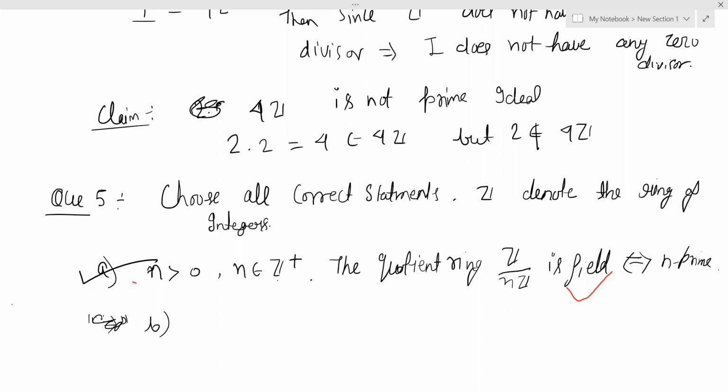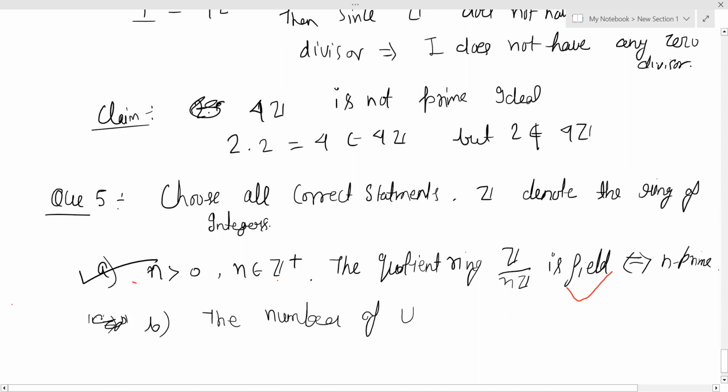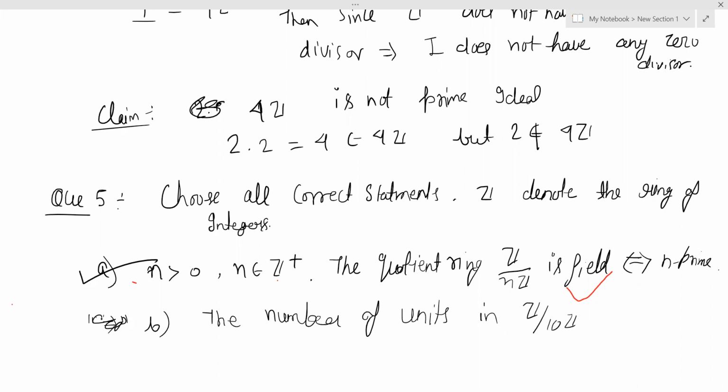The number of units in Z mod 10Z is 4. Tell me, is this correct or not?